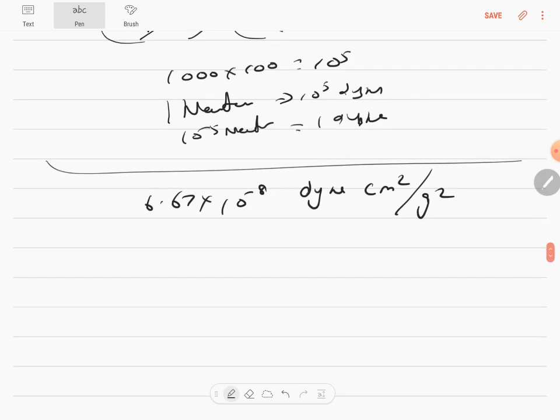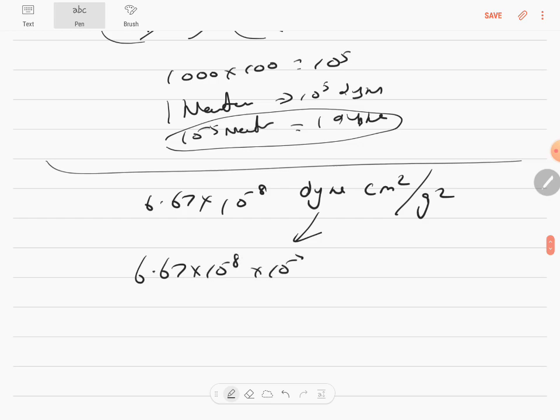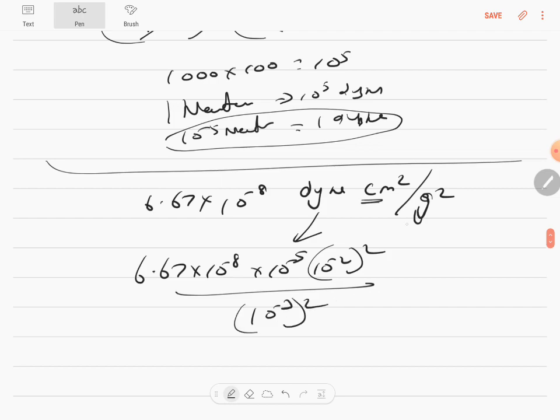I can write it directly because I know 1 dyne is 10 to the power minus 5 newtons. If I have to convert it into SI, 6.67 10 to the power minus 8 into 10 to the power minus 5. Centimeter square can be converted to meter square. 1 centimeter is 10 to the power minus 2 meters, so minus 2 the whole square. By gram square. 1 gram is 10 to the power minus 3 kg the whole square.